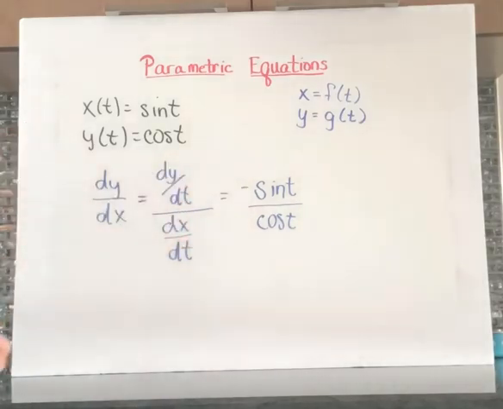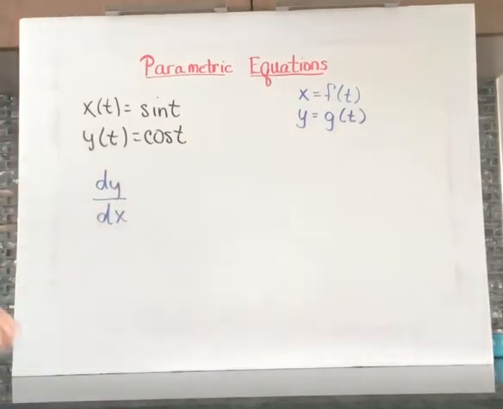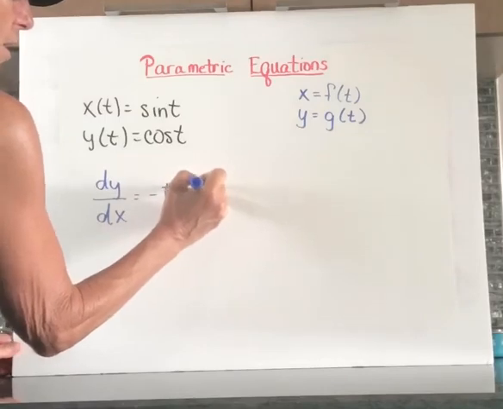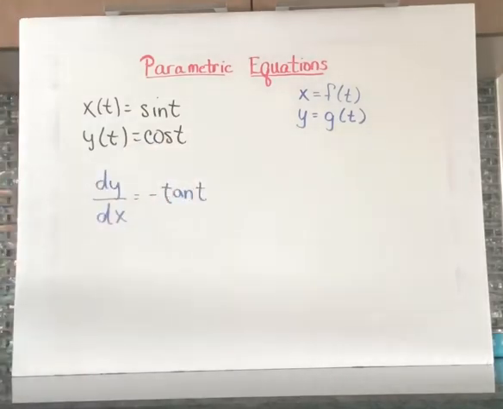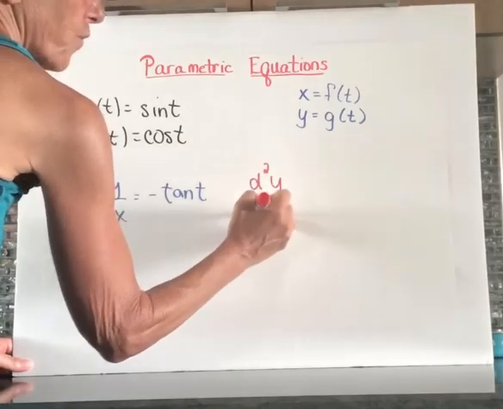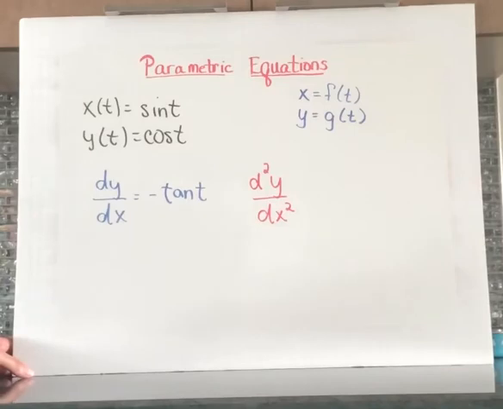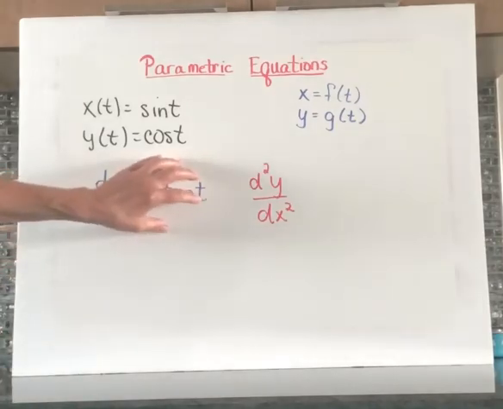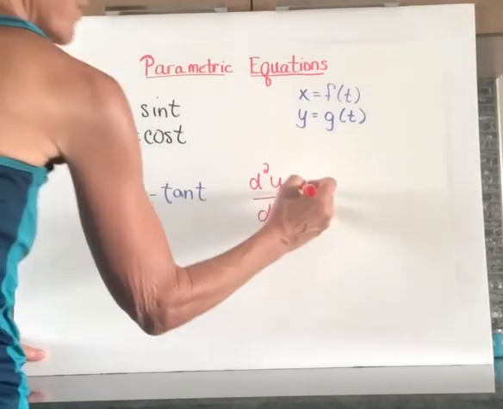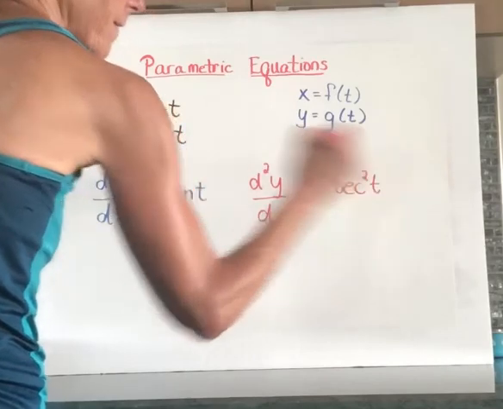So let me actually just simplify this. And we said that this was negative tangent of t. Taking the second derivative, d squared y over dx squared, there's a little process going on here. We take the derivative of the derivative, so we take the derivative of negative tangent of t, and you get negative secant squared of t.